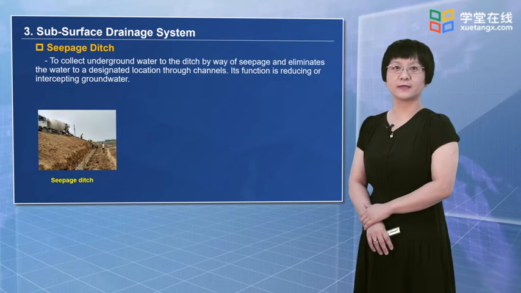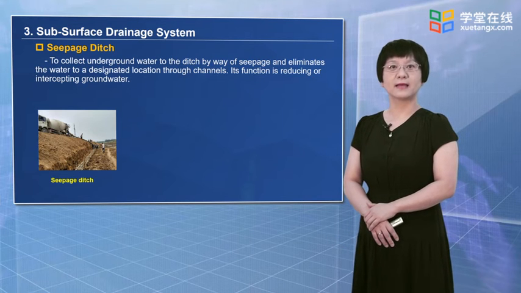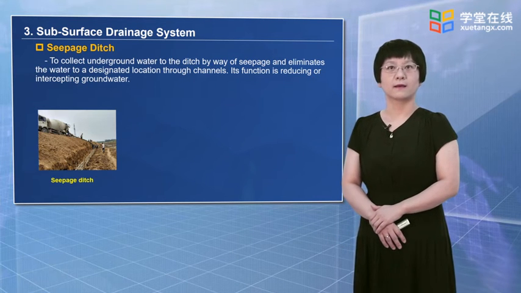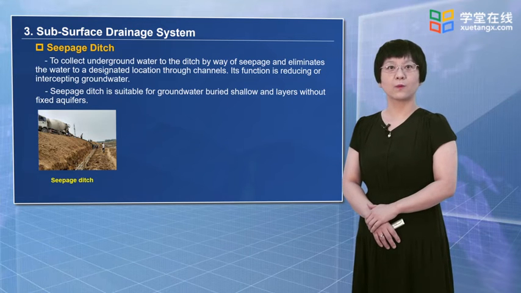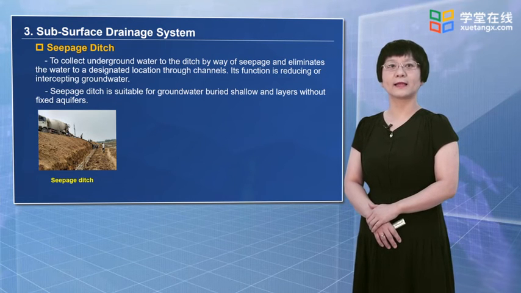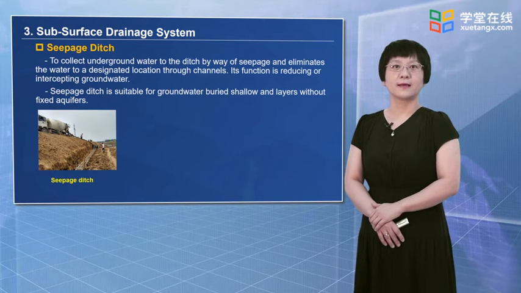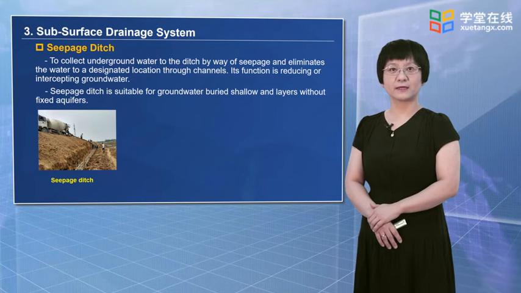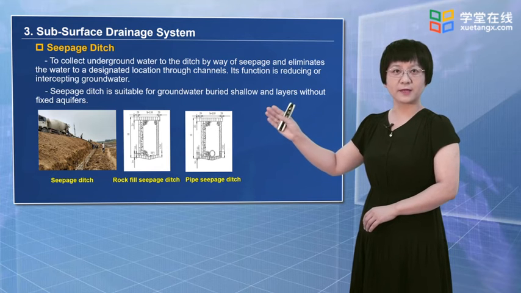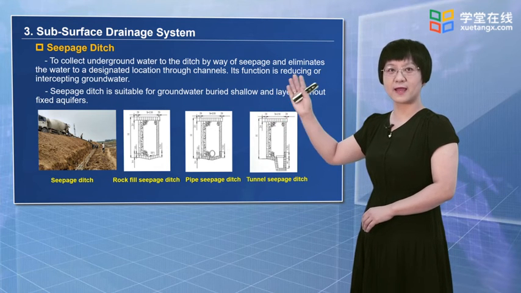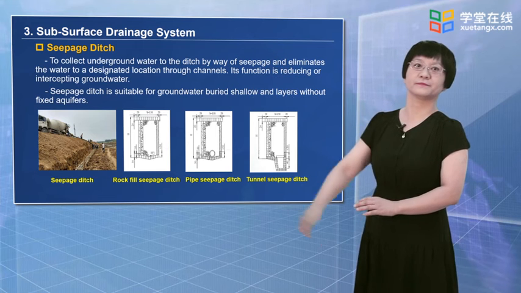Its function is reducing or intercepting groundwater. Seepage ditch is suitable for groundwater buried shallow and layers without fixed aquifers. Seepage ditch is divided into rock-fill seepage ditch, pipe seepage ditch, and tunnel seepage ditch, as shown in the pictures.